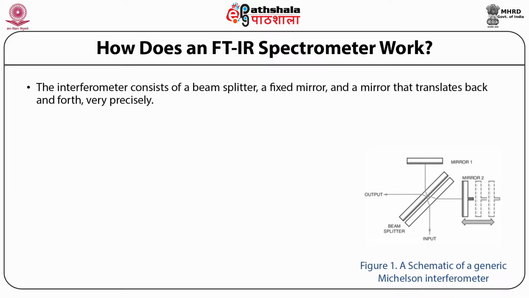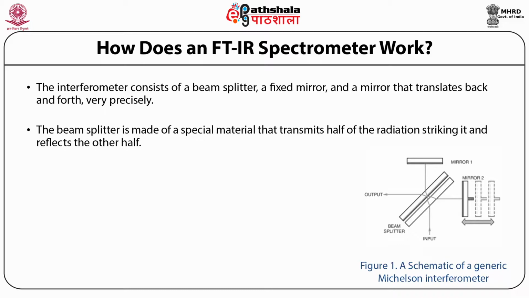The interferometer consists of a beam splitter, a fixed mirror, and a mirror that translates back and forth very precisely. The beam splitter is made of a special material that transmits half of the radiation striking it and reflects the other half. Radiation from the source strikes the beam splitter and separates into two beams.